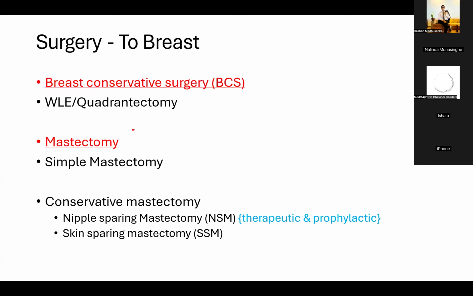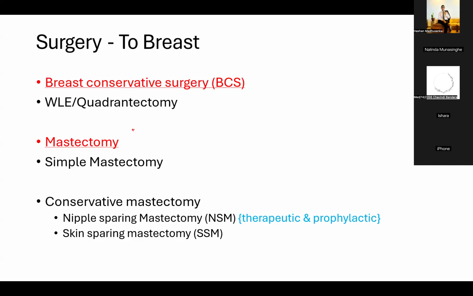But equal results are given by what are called conservative mastectomies. Conservative mastectomy means we are conserving something but doing a mastectomy. The mastectomy here involves removal of the total breast parenchyma. Then what are we conserving?